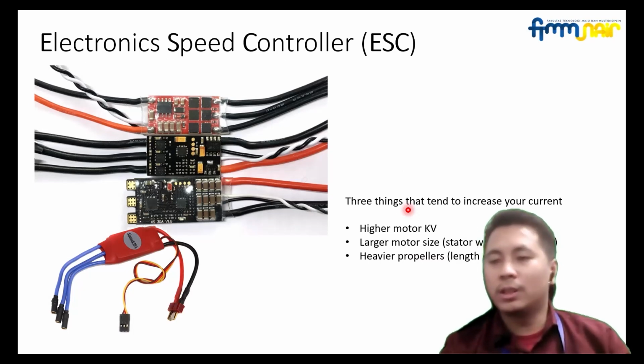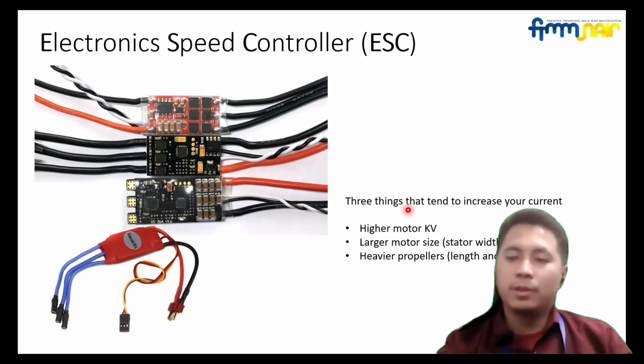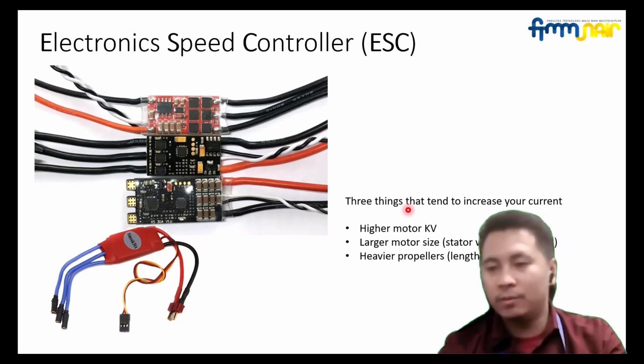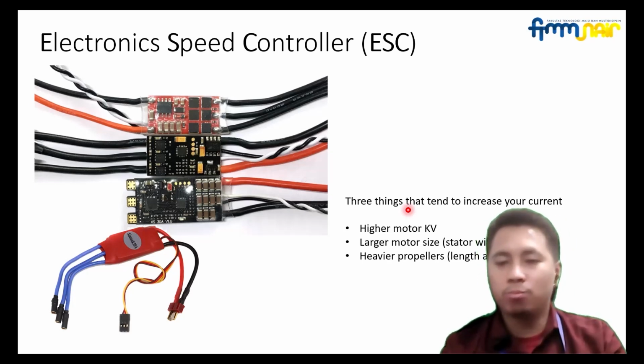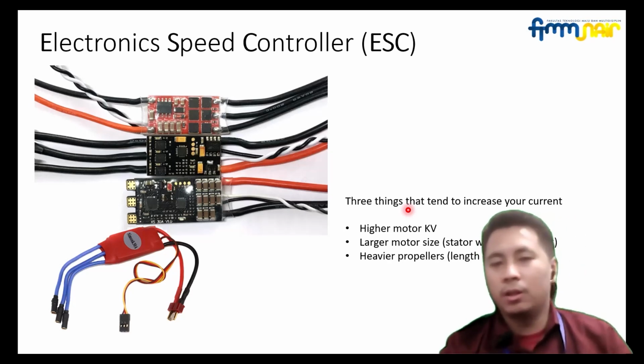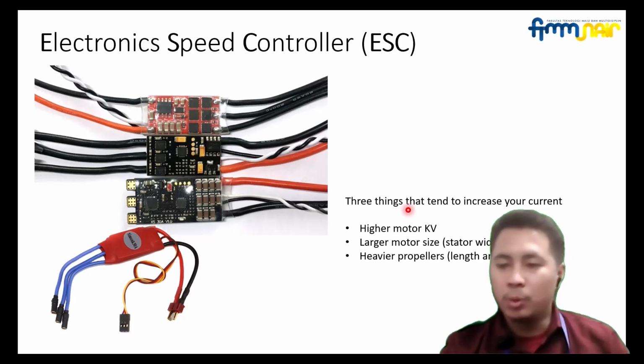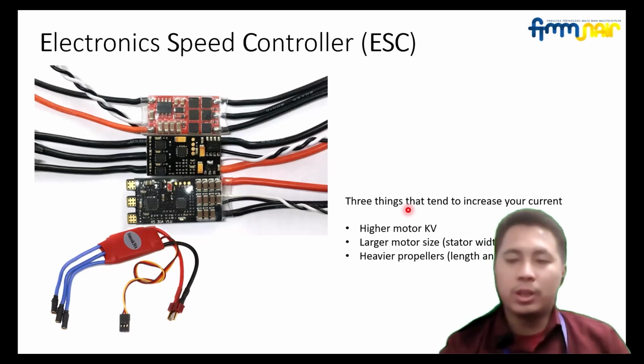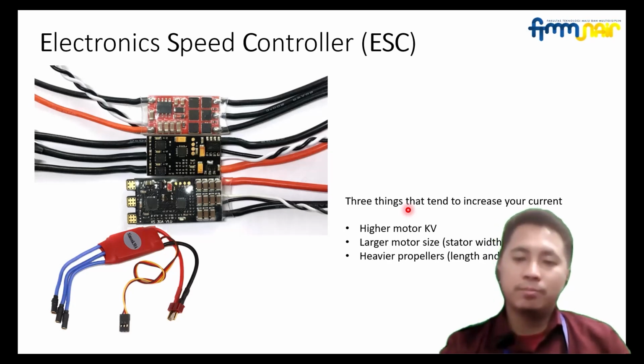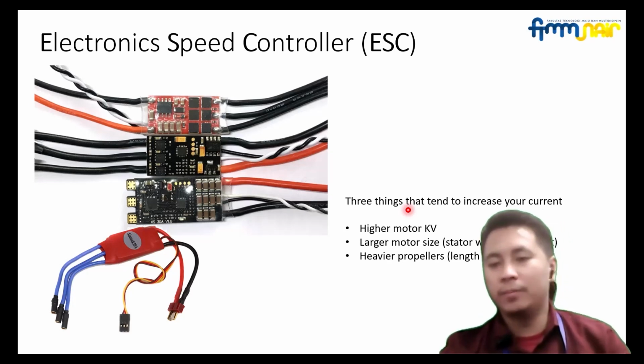So you have three things that tend to increase your current. First is a higher motor kV. When you have a higher motor kV, you have to put in an ESC that follows the current of the motor. Second, a larger motor size will create higher amperage.